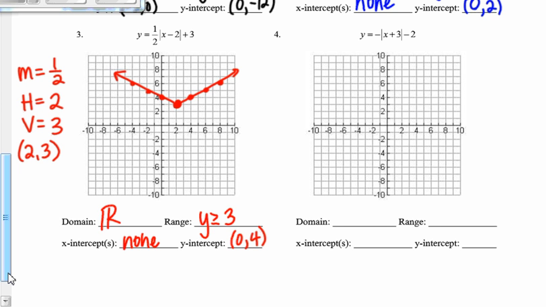The last one on the front side, number 4, the slope is -1. That's what the negative means out in front. H, flip the sign so it's -3. V is -2. So -3, -2 with a slope of -1. Make sure it's going downhill. It's opening down.